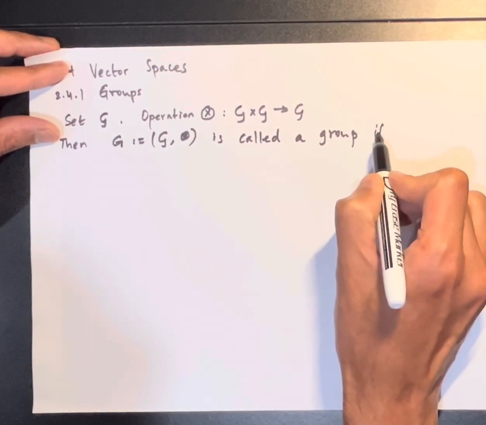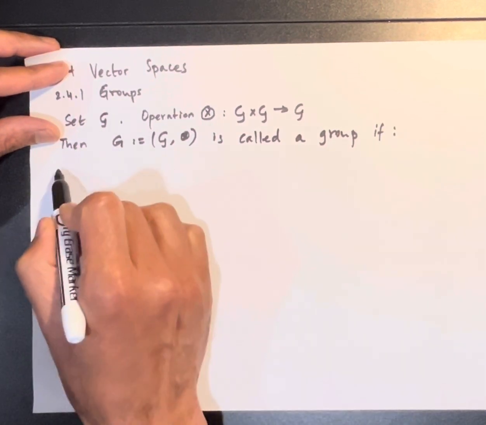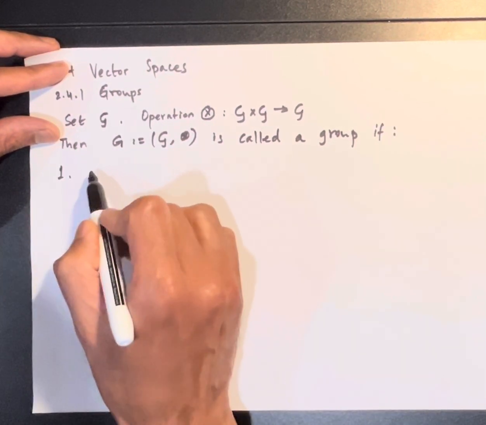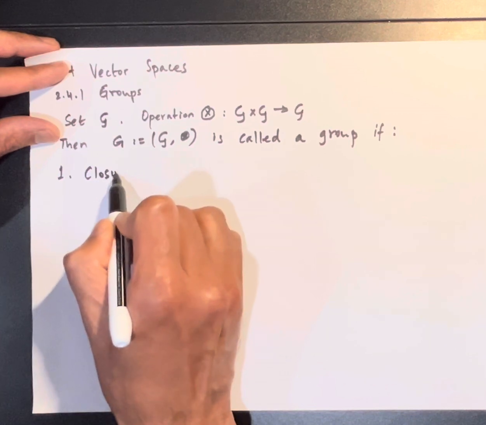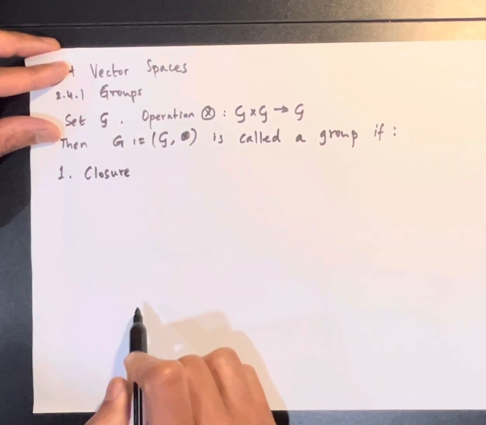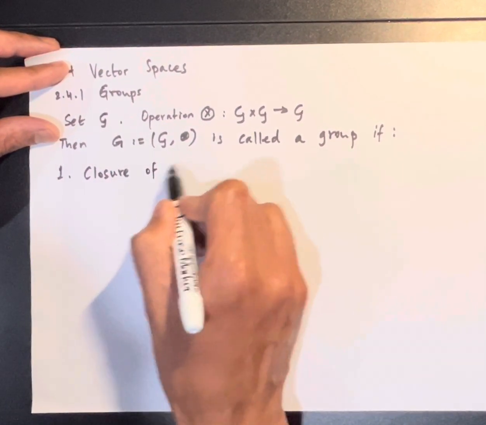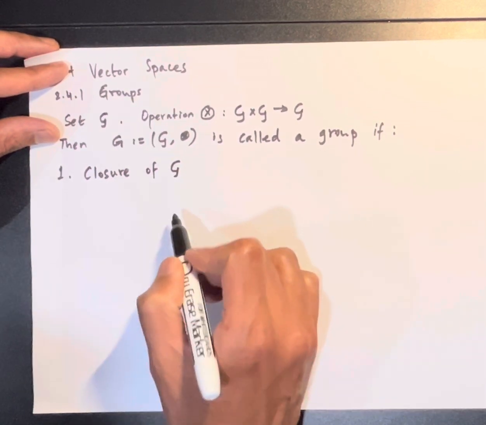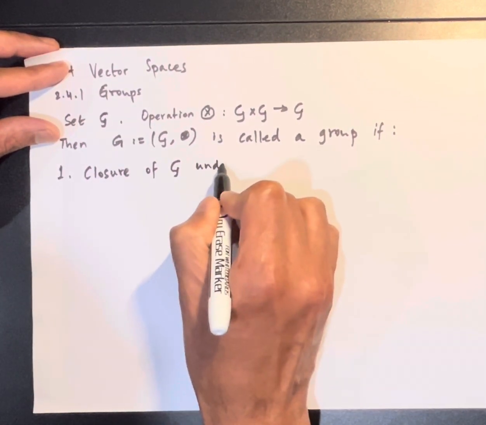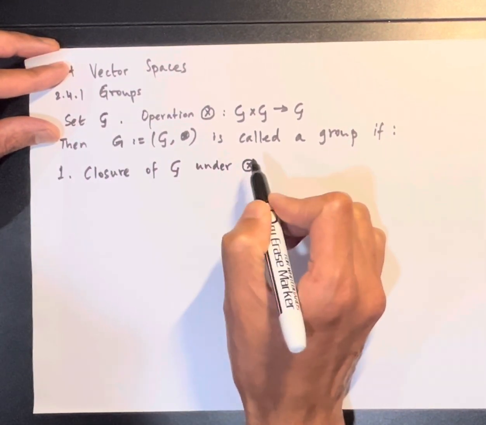So if the following hold, the first one is what is known as closure. It's the closure of the set G under this operation. So what does that mean?